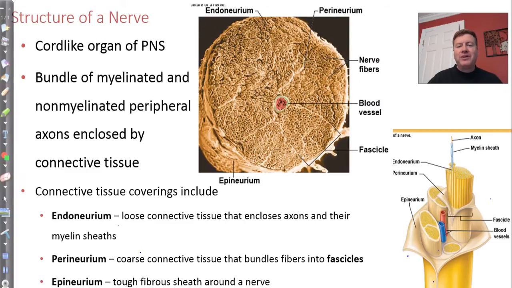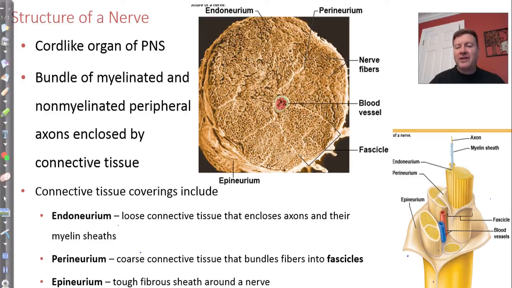So when we look at this photograph, it may be a little unclear what you're seeing, but these individual nerve fibers in here are actually the axons that are wrapped by an endoneurium, a connective tissue.